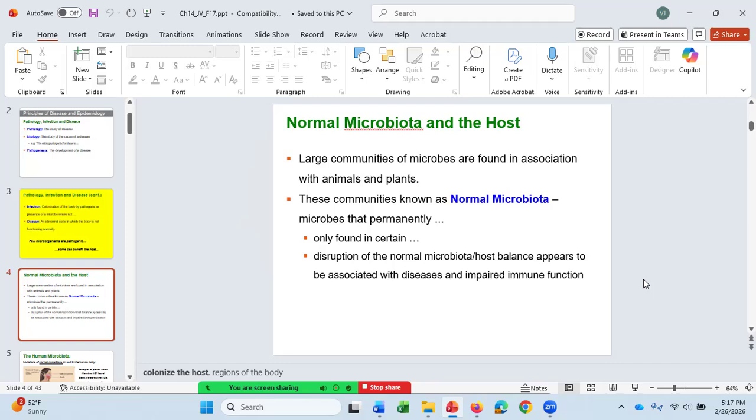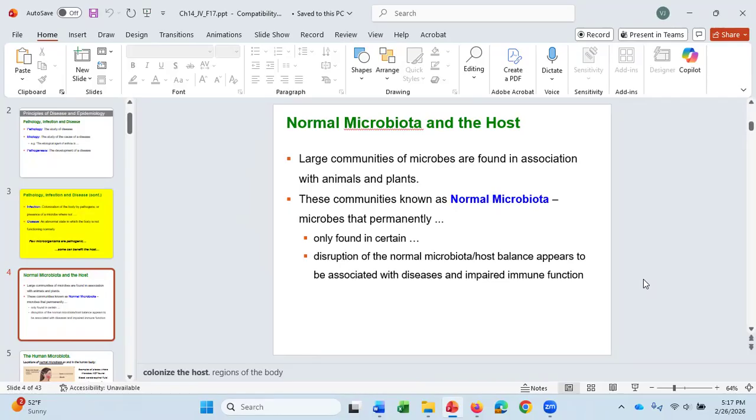All right. The normal microbiota is a large community of microbes found in association with all animals and plants. These communities are known as the normal microbiota. So we talk about the human normal microbiota and the kitty cat normal microbiota as well. And the species, many of them will be the same, like Staphylococcus epidermidis is both on the skin of humans and cats.